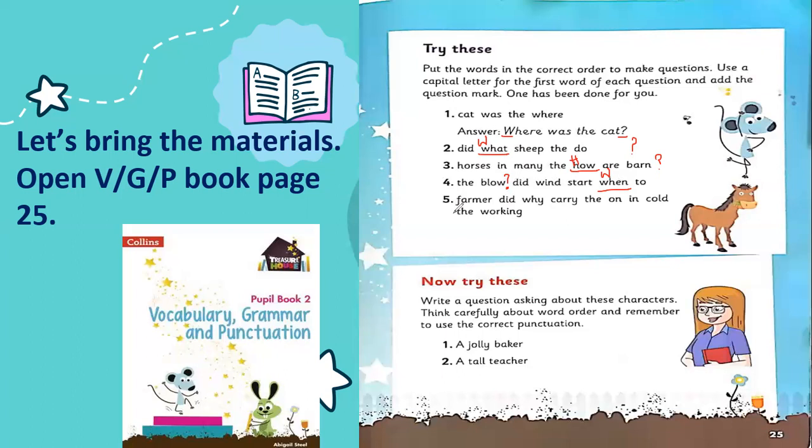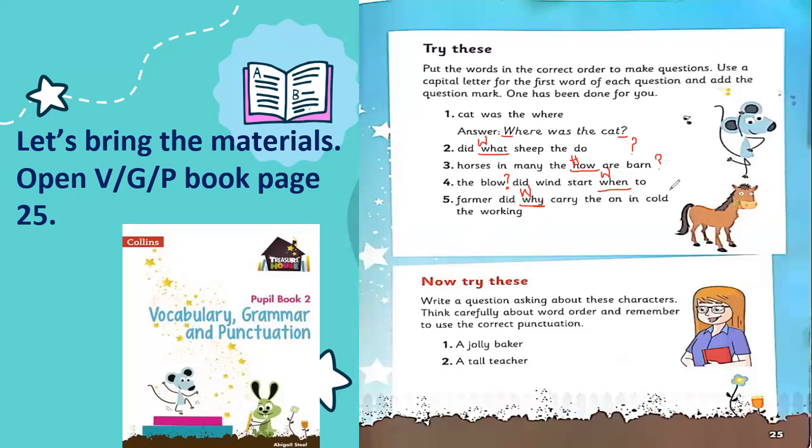Now number 5, how do we put it together in order? Here we have farmers did why carry the. Okay, it's not making sense. So we start with why because it's a question, and we put this in a capital letter. We have here, why did the farmer carry on walking in the cold?